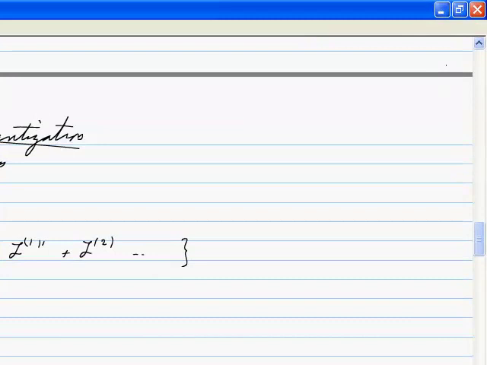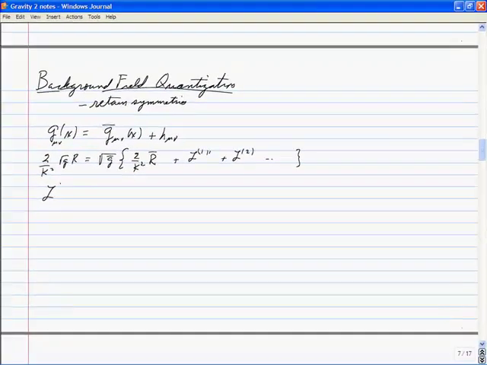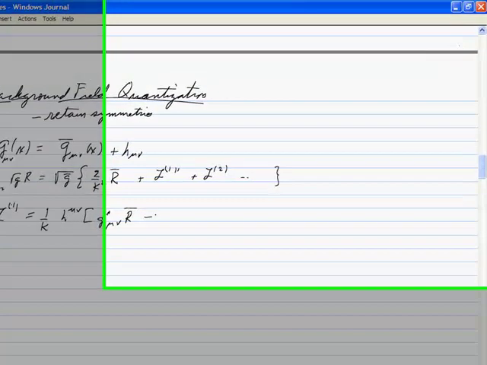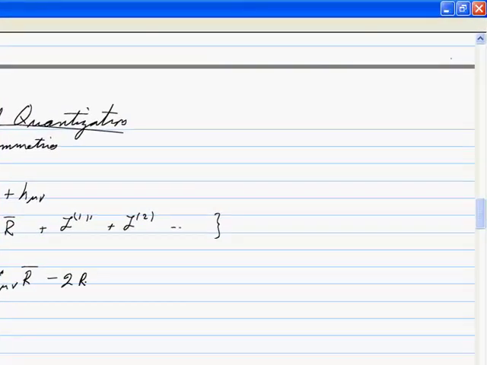At first order, my first order is 1 over kappa h mu nu times g mu nu R bar minus 2 R mu nu.